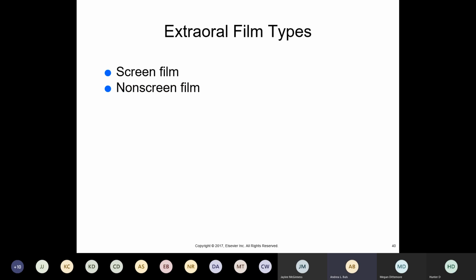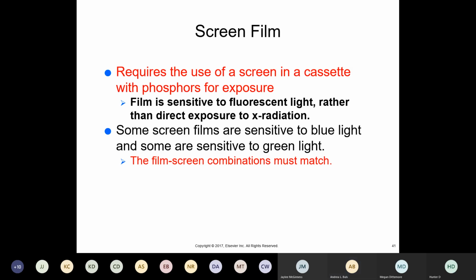There are a couple different types of extraoral films as well. There's screen film and non-screen film. Screen film requires the use of a screen in a cassette with phosphors for exposure. This is what our pano film is. The film itself is sensitive to the light that is created when X-rays hit that screen.